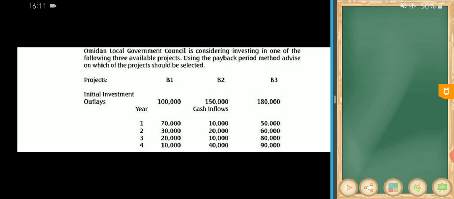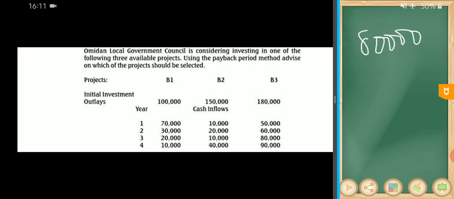Unlike B1, where at exactly year 2 we recoup our money. So whenever you have an amount that is rolling over, let's say for example you have 80,000 to recoup, and in the 5th year you make 100,000 naira, you will not say that your payback period is 5 years. Your payback period will be 4 years and some months.